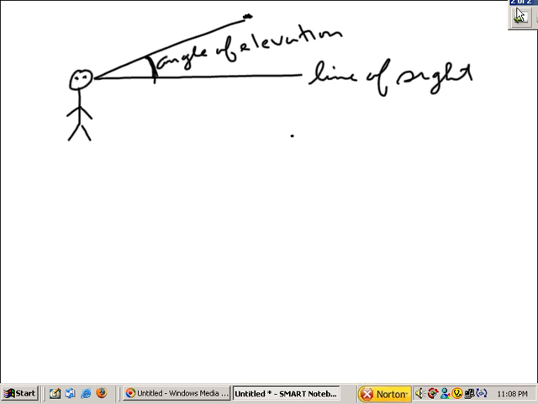If you have to look down, maybe this here is the ground and you're looking at an object on the ground. Or maybe you're looking at an object below the ground, or an object below the horizontal. Maybe that's a better name. How about we call that the horizontal?